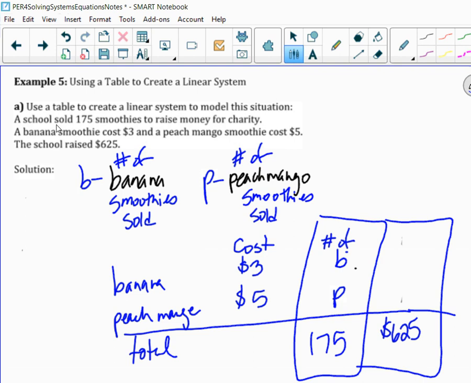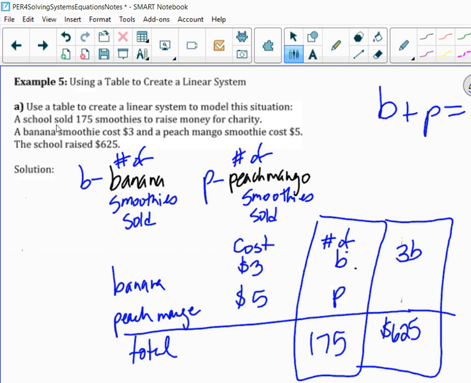So it's up to you if you want to use a table. This is just another method of coming up with the equation. So B plus P equals 175. And what's going to add up to 625? The cost. So how much is the cost of the banana going to be? Well, 3B. It's going to be the cost times the number of bananas sold, right?